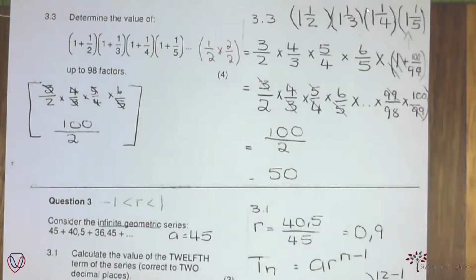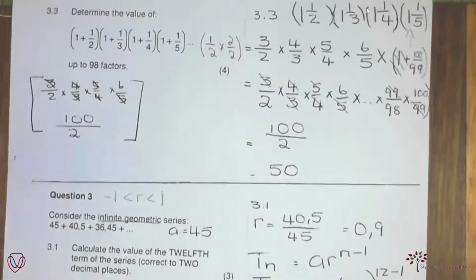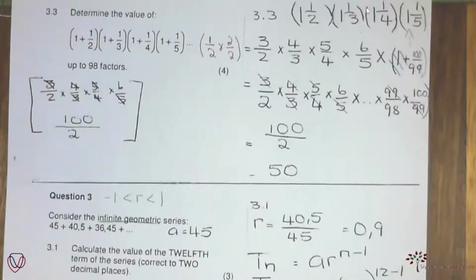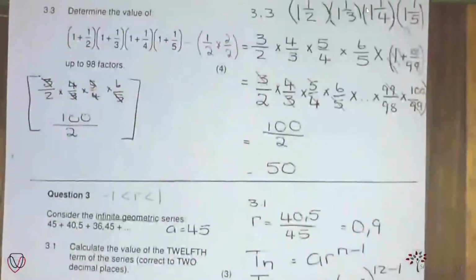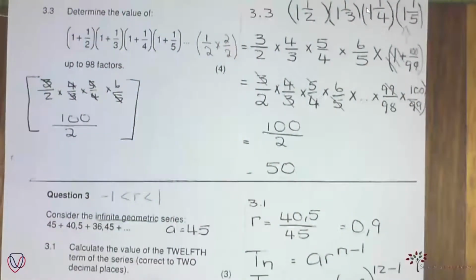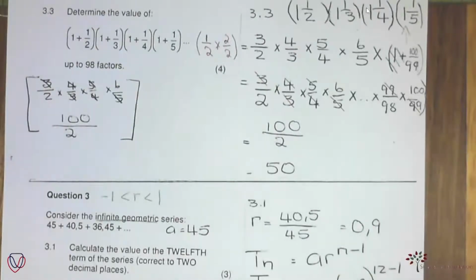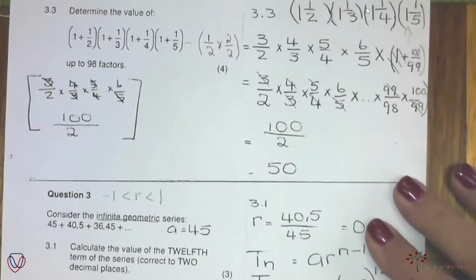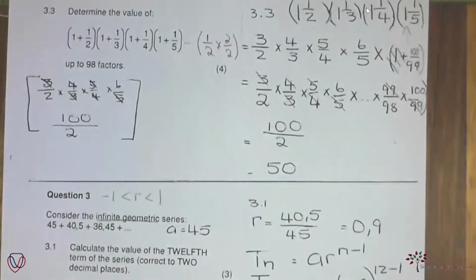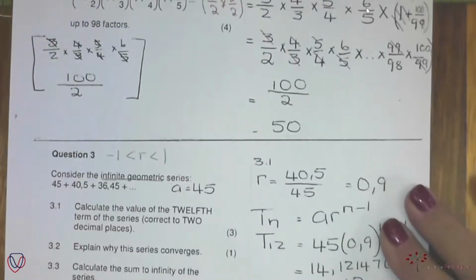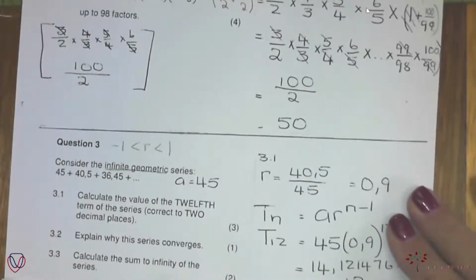People, T12 stands for the value of the term, and 12 stands for the position of the term. Never ever forget that. So I want the value of the 12th term: a times r to the power n minus 1. And after I've calculated that, I rounded it to 2 decimals, which will give me 14,12.